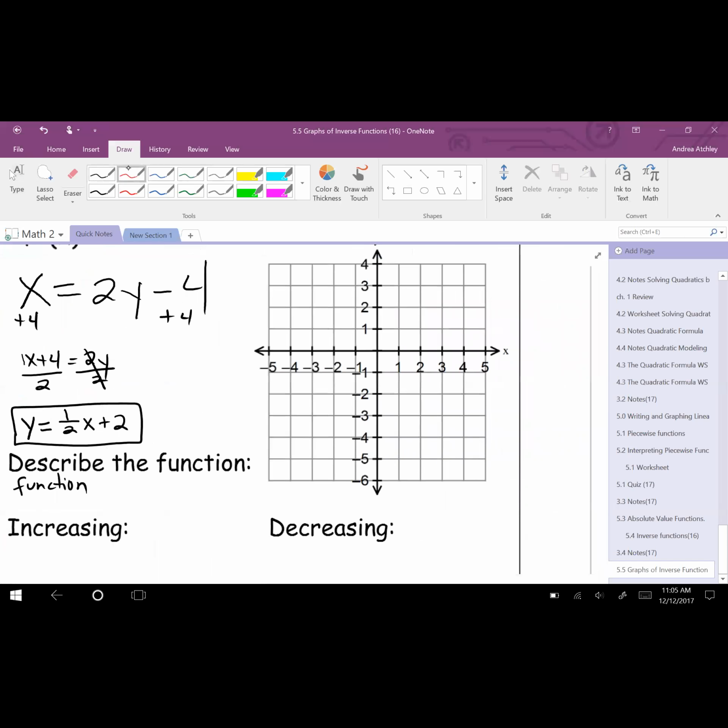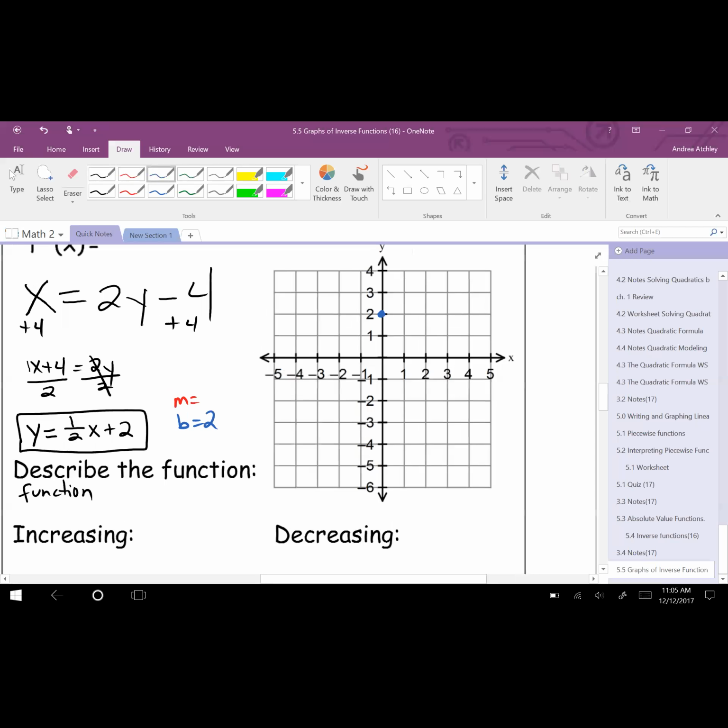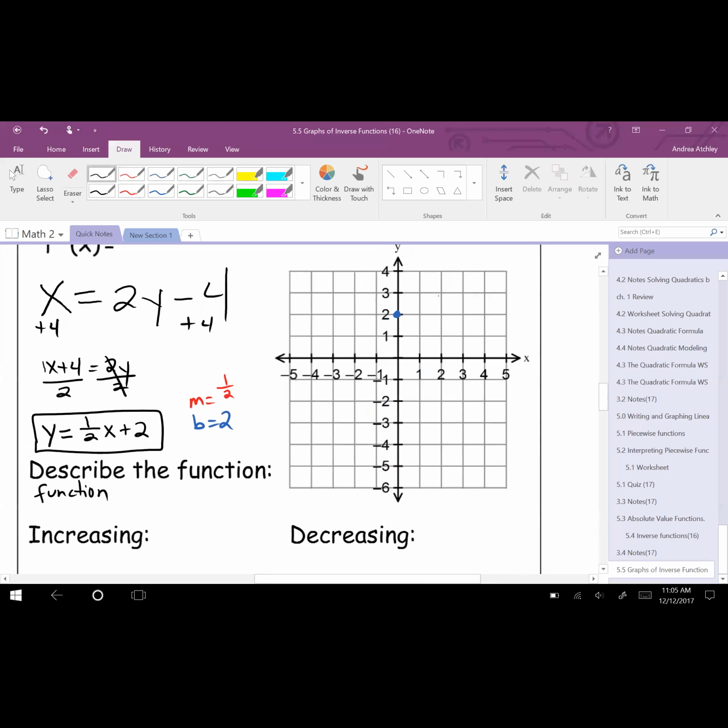Okay, if you're not sure, then you could graph it and see. So we need my slope and my y-intercept. So I'm going to get 2. My slope is 1/2, or my rate of change is 1/2. So I'm going to go up 1 and over 2, up 1 over 2, down 1 over 2, down 1 left 2.